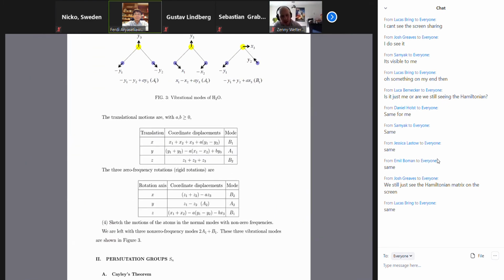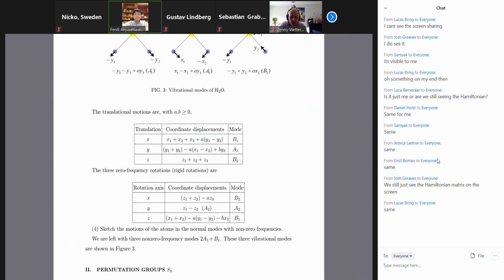So let's see, translation. I have this molecule, this is the oxygen here, and then I have the small hydrogen atom there. Let's look at the translation along the x-axis. That would be my x3. Now we have to be a bit careful because of the coordinate system we have chosen.